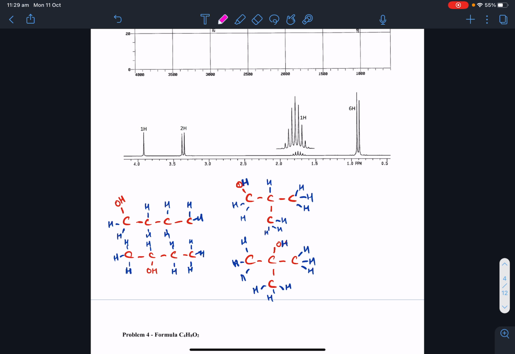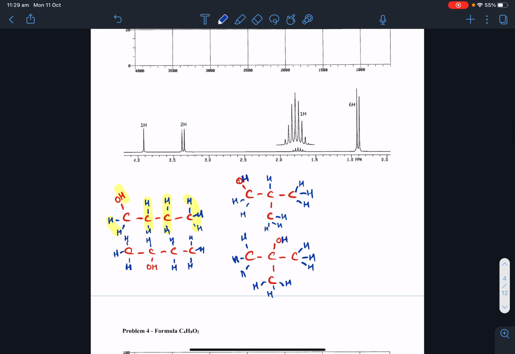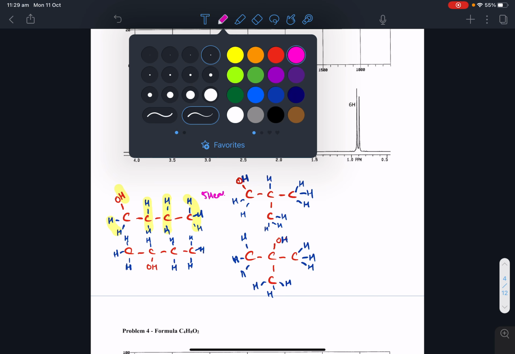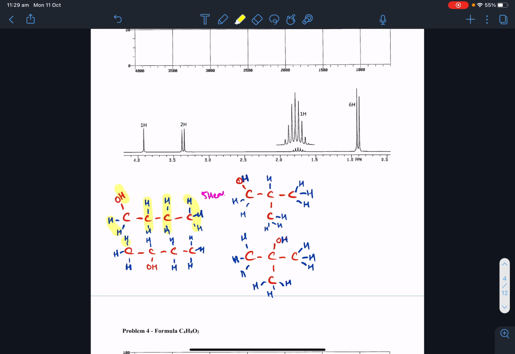Oh, I forgot a hydrogen on there, didn't I? What a duffer. Okay, we have got 1, 2, 3, 4, 5. Okay, so that's 5. Okay, the one below, 1, 2, 3, 4, 5. Okay, so 5 for each of those.